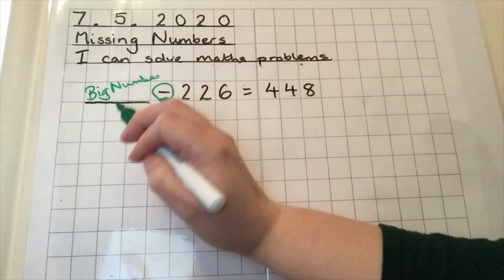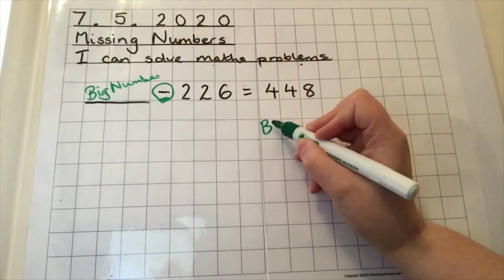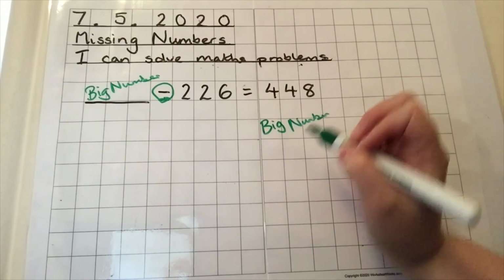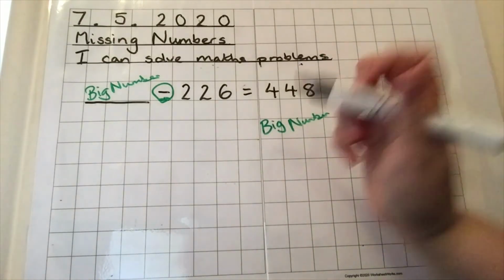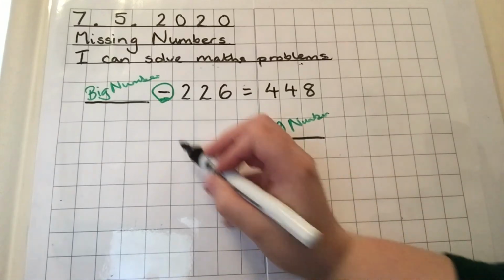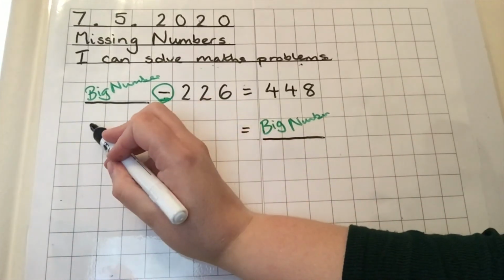So in this case, we don't know our big number. So we need our big number to be at the end. If we want our big number at the end, the question then becomes a plus.